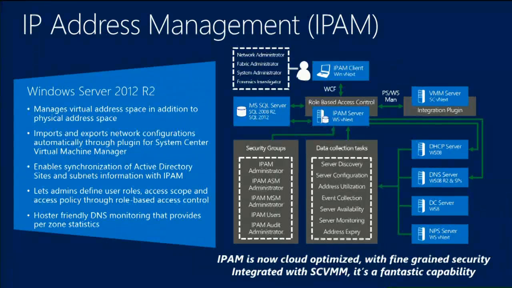And the third thing is that as you start moving towards cloud scale, the number of entries you have to maintain around IPAM grows dramatically. So a local file or a local database is not exactly a scalable solution anymore. So we now move this into a SQL database and have rich PowerShell scripting to go with it. That, in a nutshell, is the kind of investment we've made around IPAM, around core infrastructure, to cloud optimize it. Again, there's a session on Friday and a lab tomorrow where you can learn more.